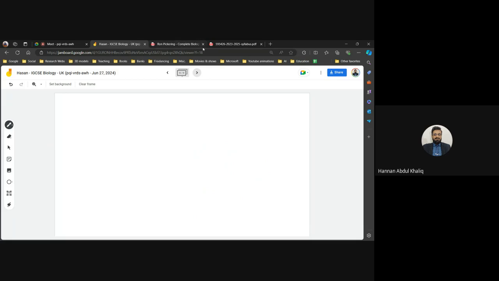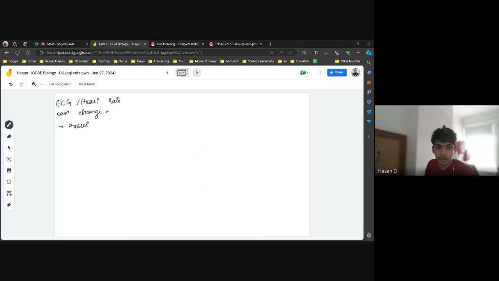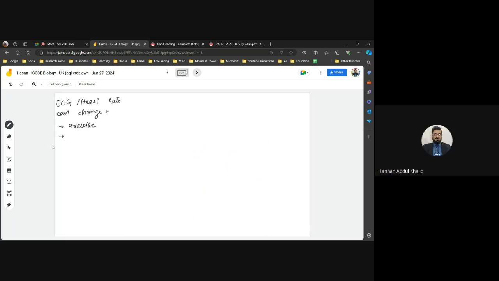So always remember the ECG or heart rate can change. And what can change the heart rate? Can you name it? Exercise changes the heart rate, and obviously the ECG would also change.